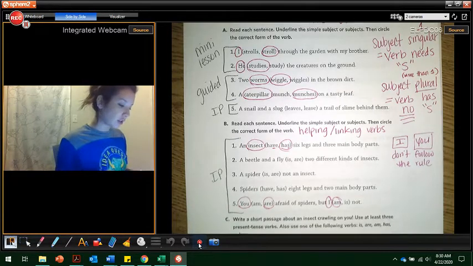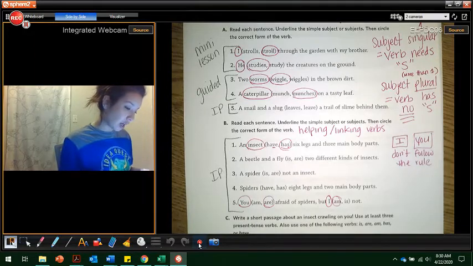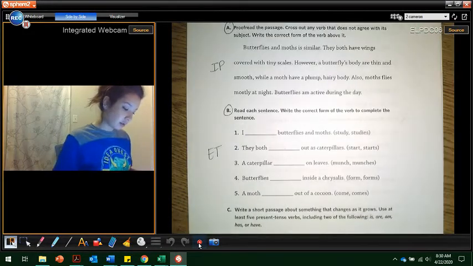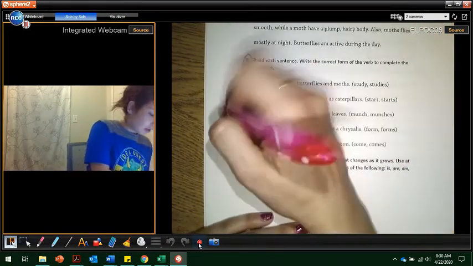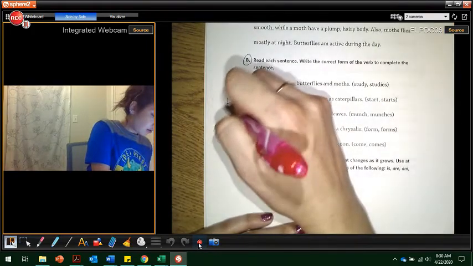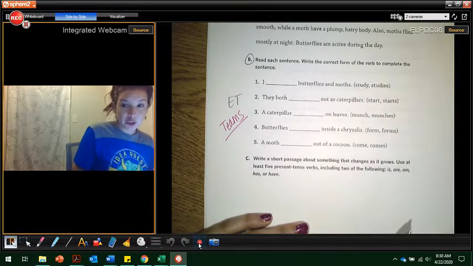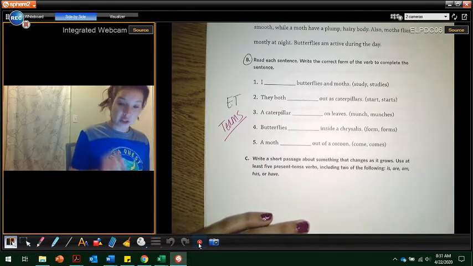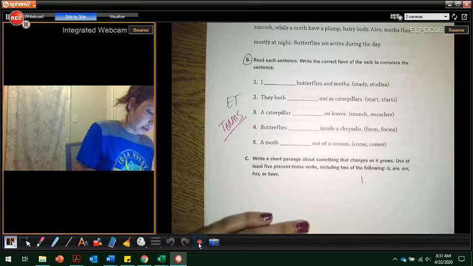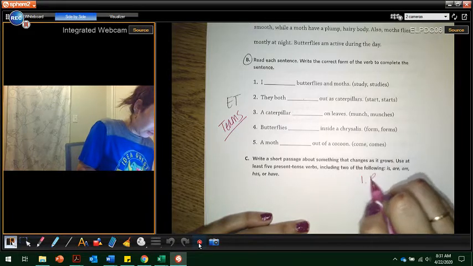All right, so let's look at what you're going to do today on your exit ticket. Okay, so this is going to be on Teams. Basically, you're just going to choose which present tense verb fills in the blank using your rule. So number 1, you have to read.